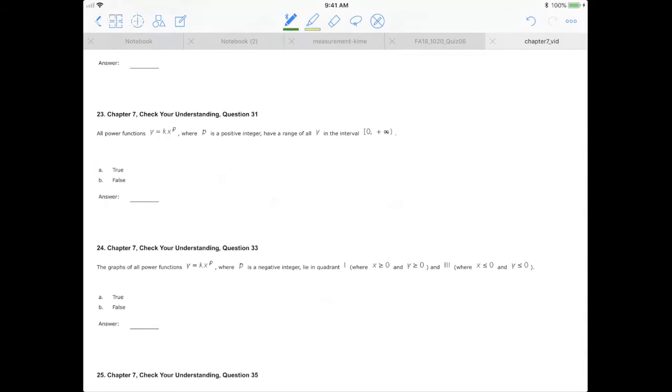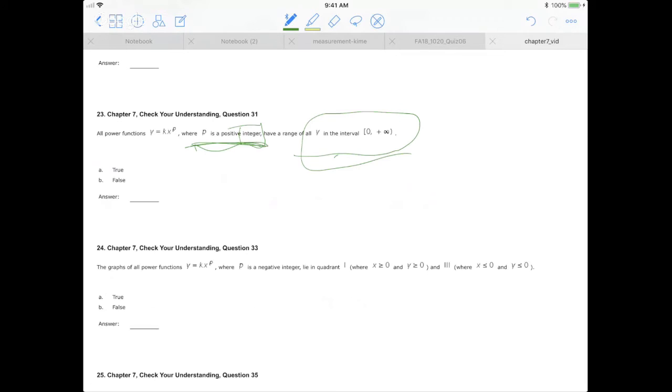Here's another one. So if I've got a power function where p is a positive integer, so I'm directly proportional, p is positive, those are the same things, and it's an integer, so a whole number, then the range, the outputs, are always 0 to infinity.